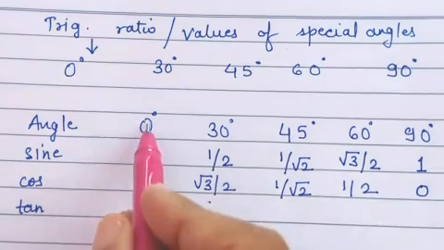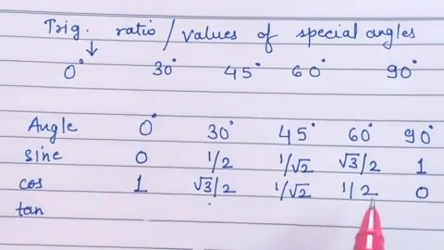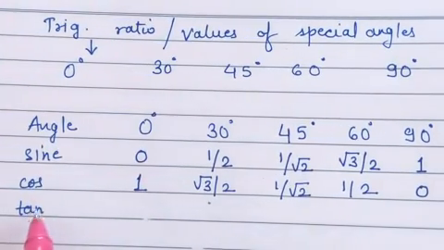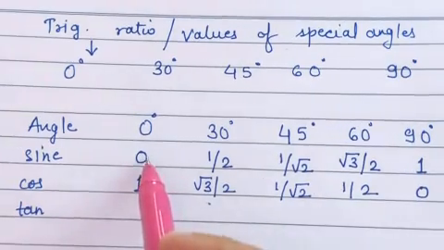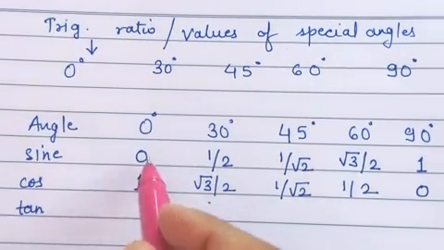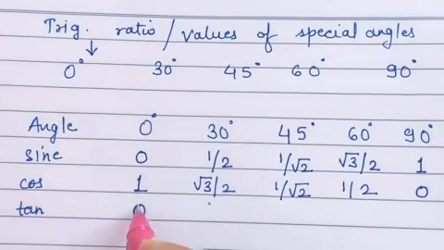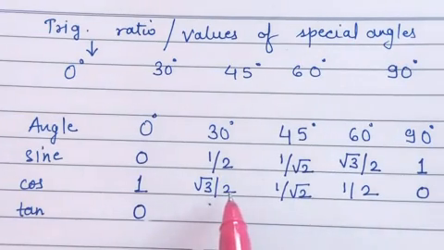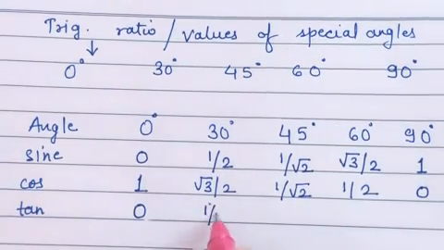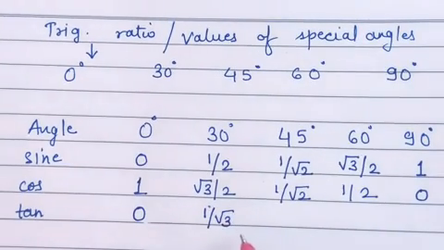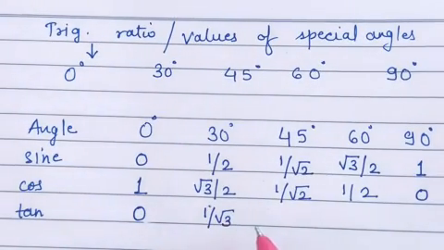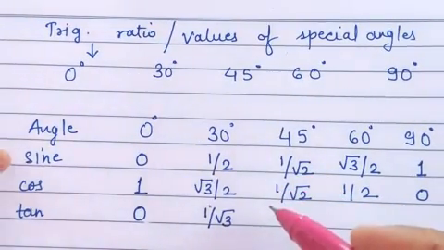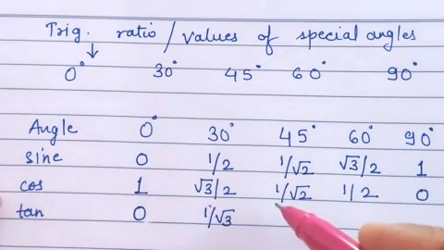Now tan 0 or any tan value is obtained by sine divided by cos, because tan theta equals sine theta divided by cos theta. So 0 by 1 is 0, then tan 30 degree is half divided by root 3 by 2, so this is 1 by root 3. If you don't remember the values, no need to worry, just find them by dividing sine by the same value of cos.